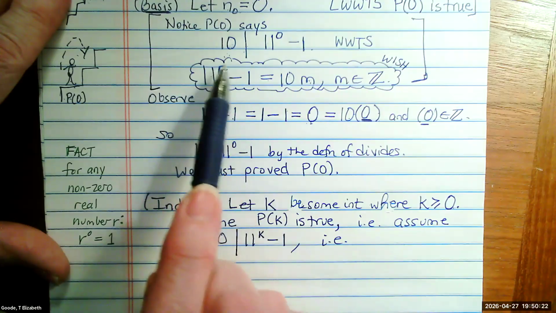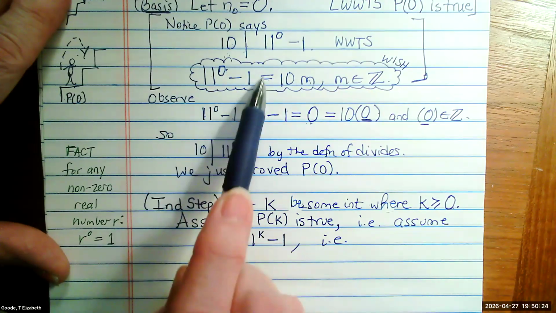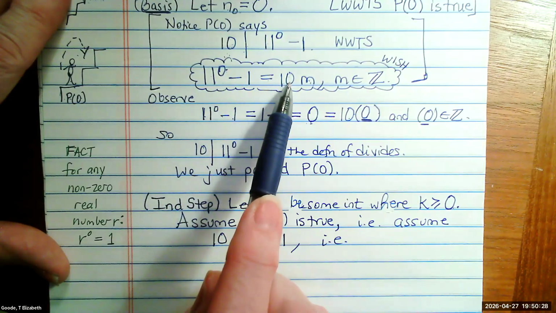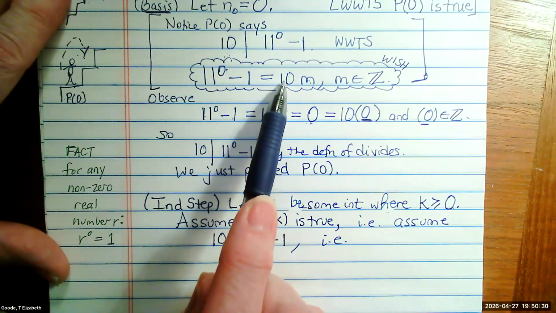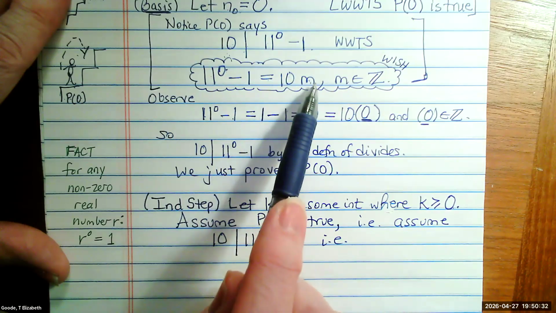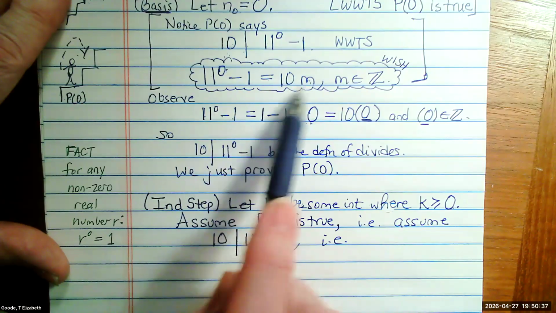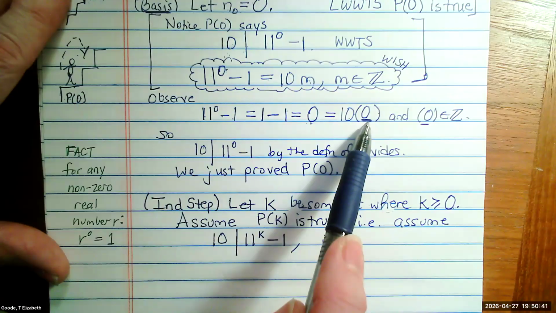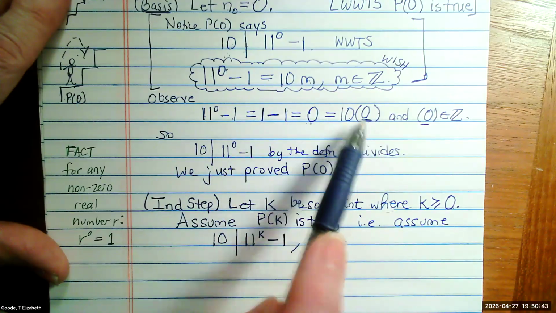That's what it means to say 10 divides 11 to the 0 minus 1. It means 10 times a whole number, a bunch of copies of 10. Turns out to be 0 copies, but whatever, it's still an integer.